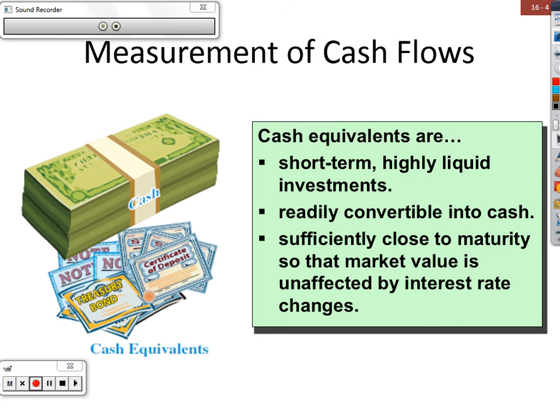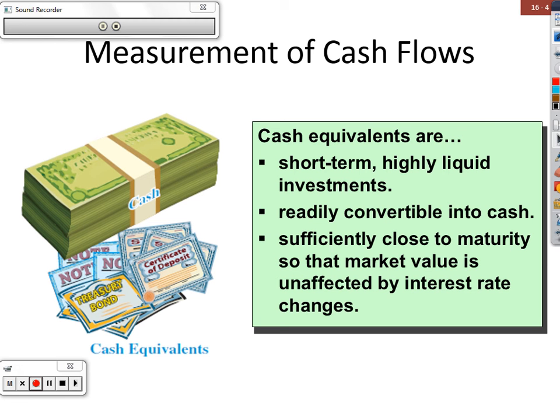Something that you also need to be concerned with as far as cash flow is concerned is the use of cash equivalents. And what do we mean by cash equivalent? First of all, cash is already converted, so you can use that freely, correct? Cash equivalent is something that can also be converted to cash because it is short term, meaning within the accounting period or within the 12 months.